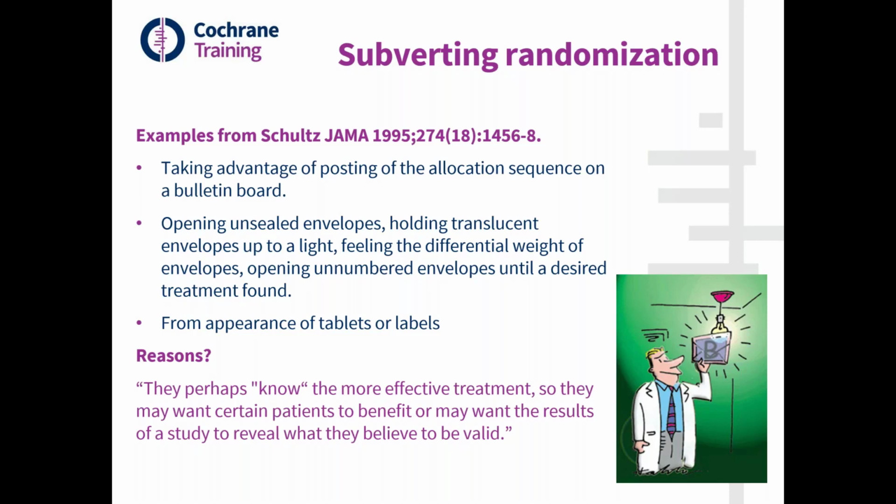And there were many different accounts of how this happened, including taking advantage of posting of the allocation sequence on bulletin boards, and a lot of examples to do with envelopes: opening unsealed envelopes, holding translucent envelopes up to the light, feeling if there's a difference in the weight of the envelopes, opening unnumbered envelopes until the desired treatment was found.